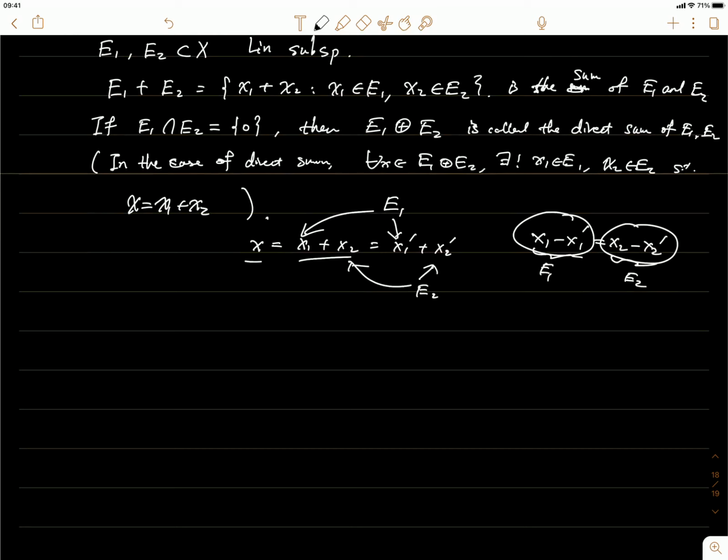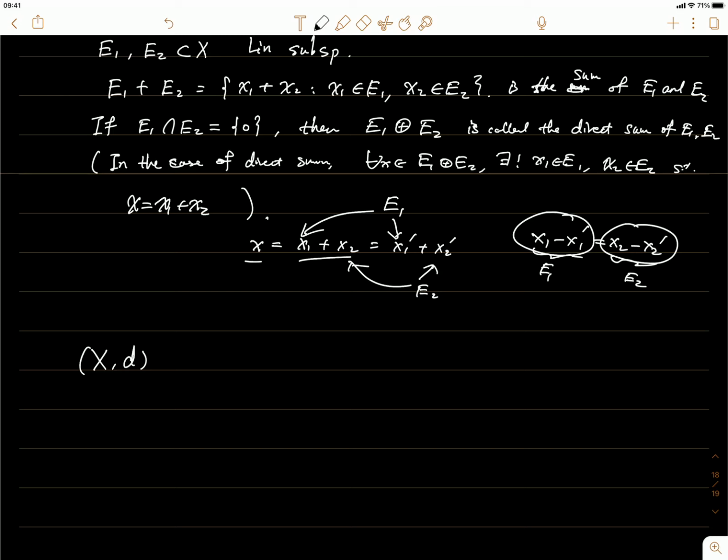Okay, so now remember that we have a metric space. At the same time, the metric space X has a metric D, but also at the same time X is a linear space.